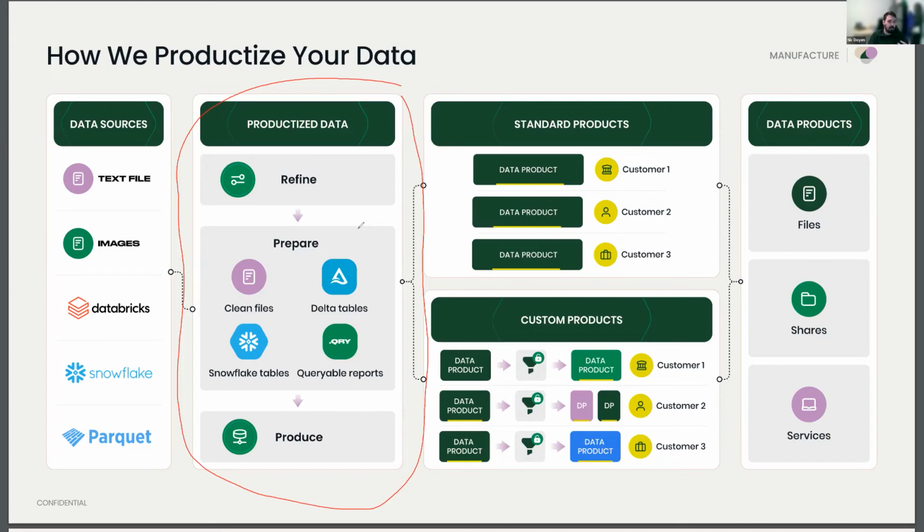The refinement process is the process of taking that raw data asset and normalizing it into an externalizable capacity. Generally, data is produced for a very singular purpose. It may be produced to service an app or to track the activities of a given user or a given entity.